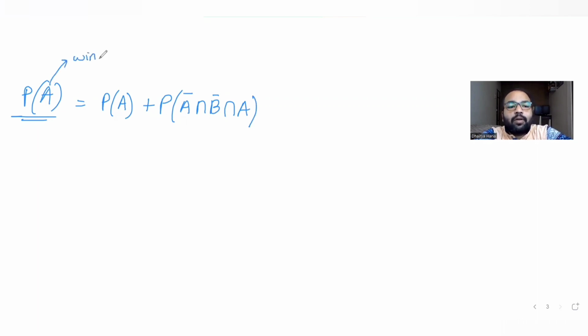Probability of A becomes probability of A winning the game, or A getting the sum as 10, or it can be A not getting the sum 10, then B also not getting the sum 10, and then A again getting the sum as 10. So A again wins the game, because we want A to win the game.